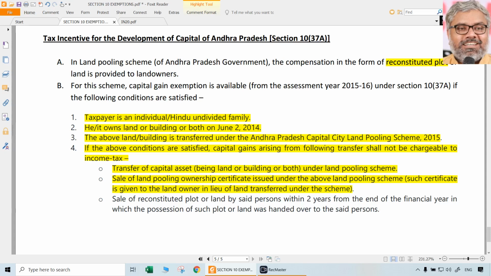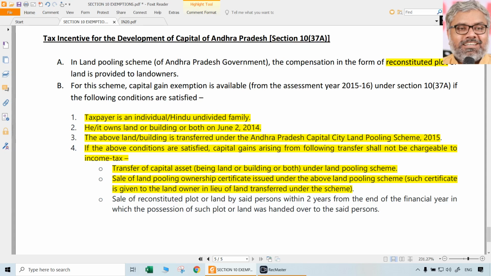Even if land pooling had not happened, if the government had taken these lands under compulsory acquisition, which it has the right to do, then the compensation, whether in lakhs or crores, would have been exempt anyway. So there is nothing special to celebrate about this exemption. But still, because of political reasons, a lot of people got excited about this grant of exemption without understanding there is nothing special about it. It is their basic right.